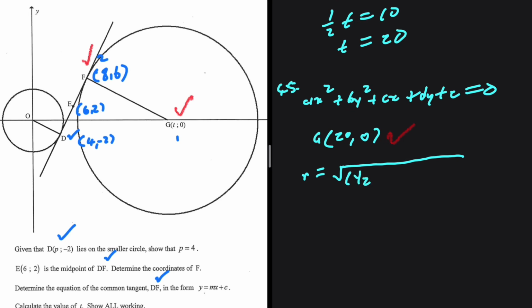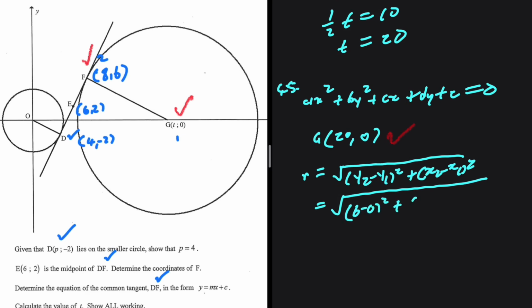So this is y2 minus y1 squared plus x2 minus x1 squared. So the radius is going to be equal to, I'm taking F as the second point, y is 6 minus 0 squared plus 8 minus 20 squared.